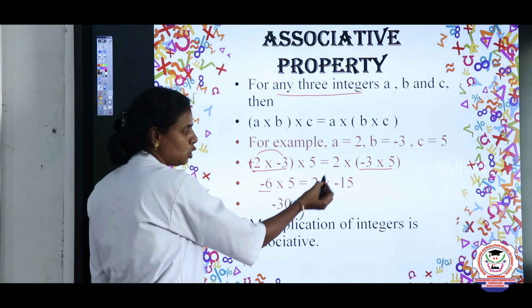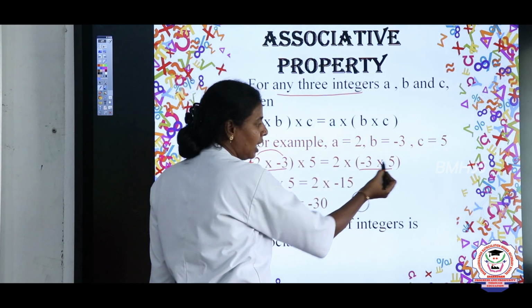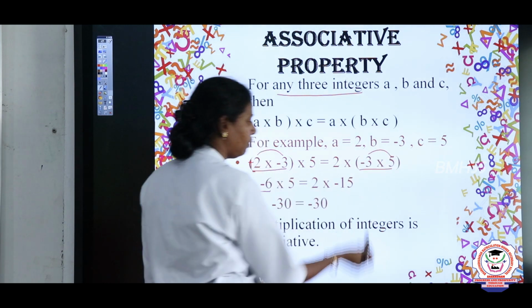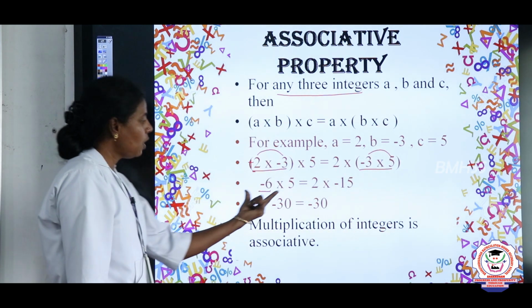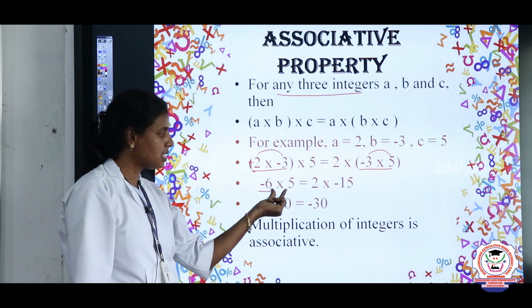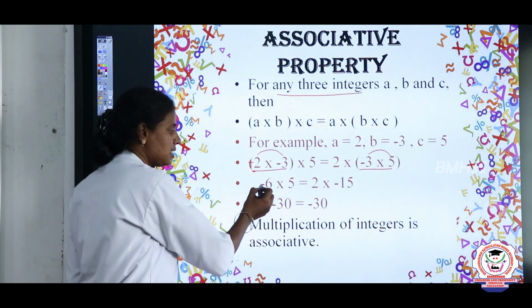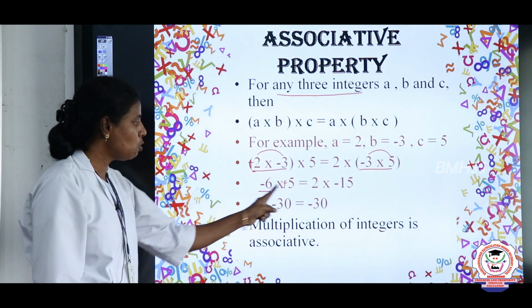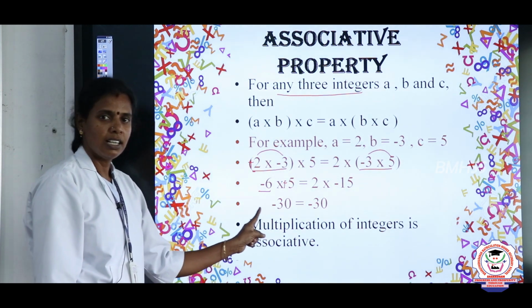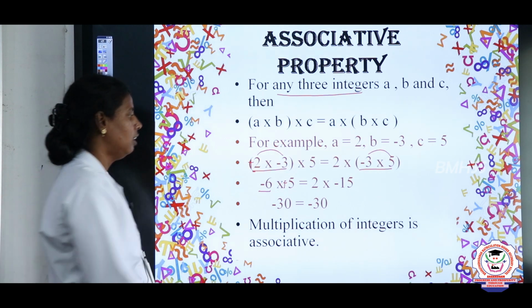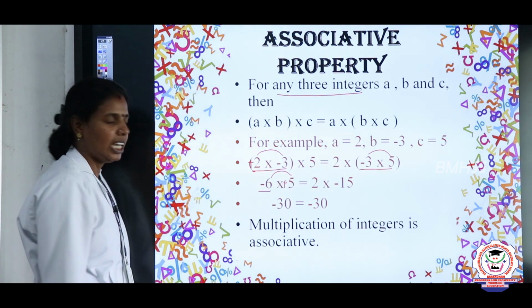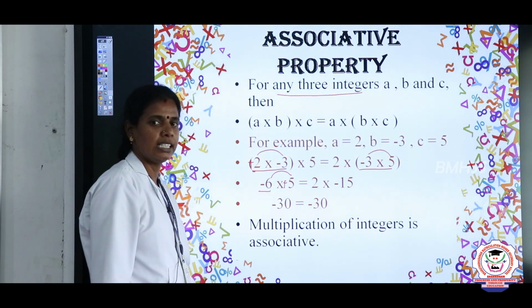On the right, 2 into minus 3 into 5, the answer is negative, 3 5s are 15. Next we multiply minus 6 into 5. Minus 6 is negative and 5 is positive, different signs, so the answer is negative. 6 5s are 30, so the answer is minus 30.